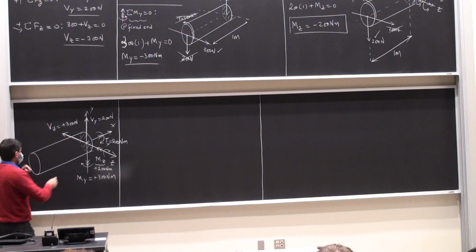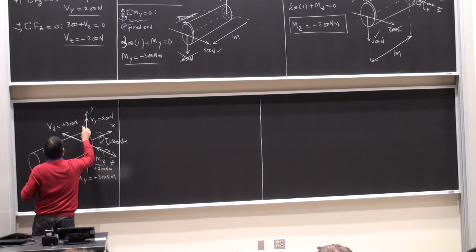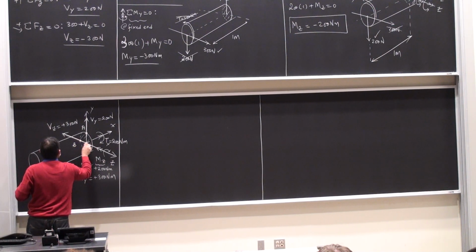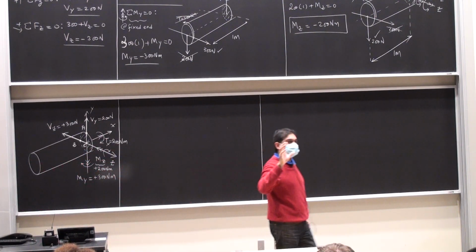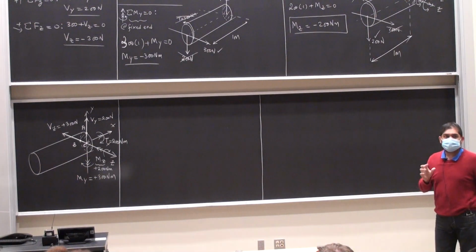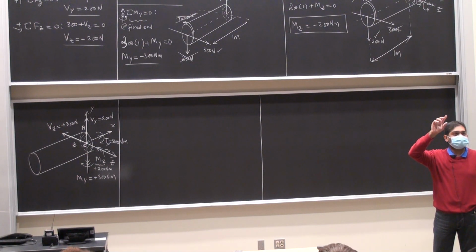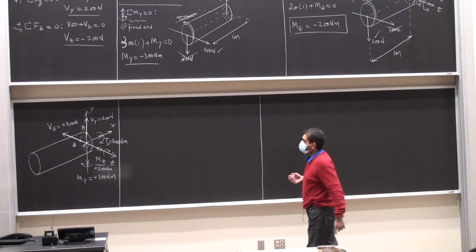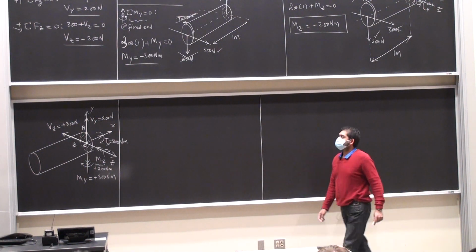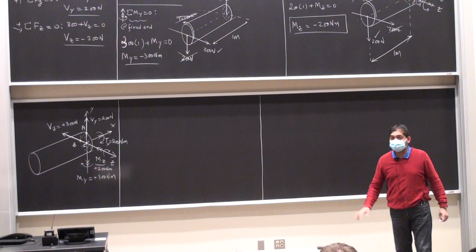Points of interest, A, B, and C. Is everybody on the same page? Are you all able to see the figure that I've drawn clearly? People in the back? All of you following me? Okay. Any questions so far?